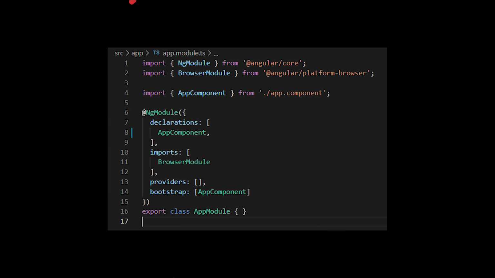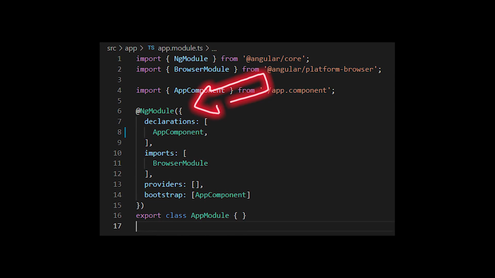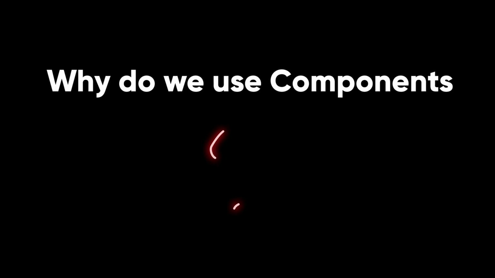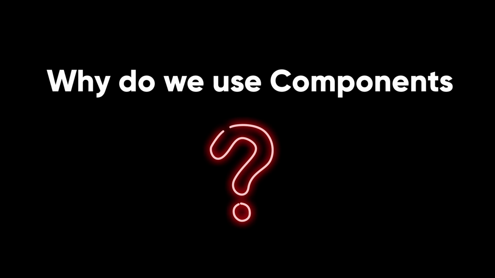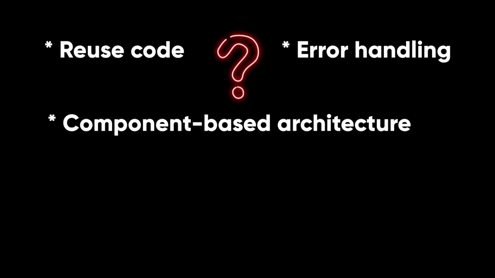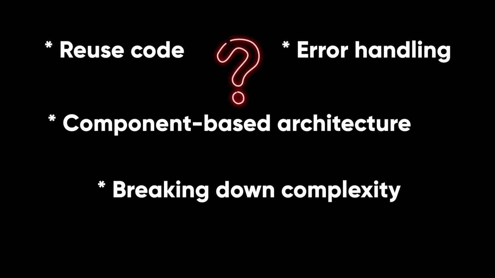A component must belong to an NgModule in order for it to be available to another component. Why do we use components? There are many reasons, but the main ones are we are able to reuse our code so we don't duplicate it, simplify component-based architecture, easy error handling, and breaking down the complexity into smaller pieces.